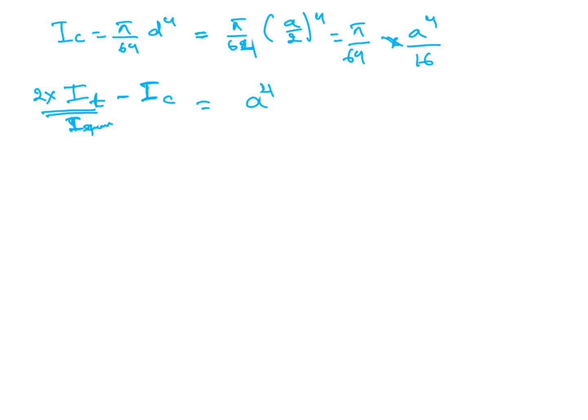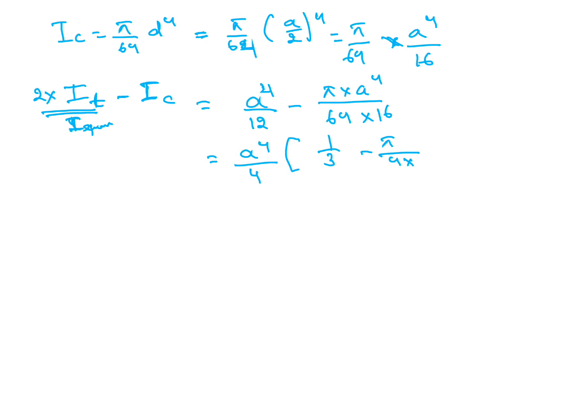Already we got a^4 by 12 minus pi into 4 into 64 into 16. How much it will come? a^4 you take common, a^4 by 4, it will come 1 by 3 minus pi by 4 into 64.